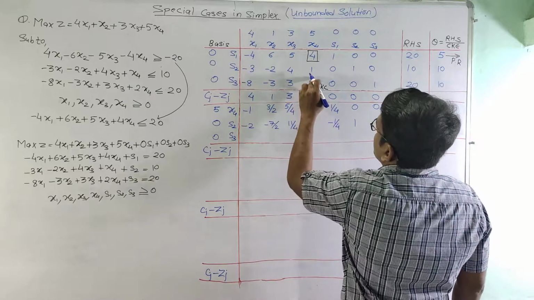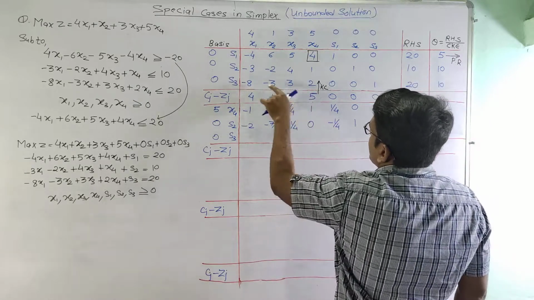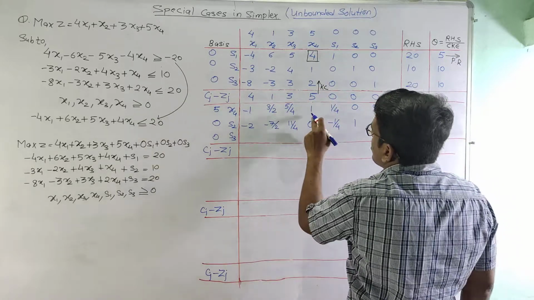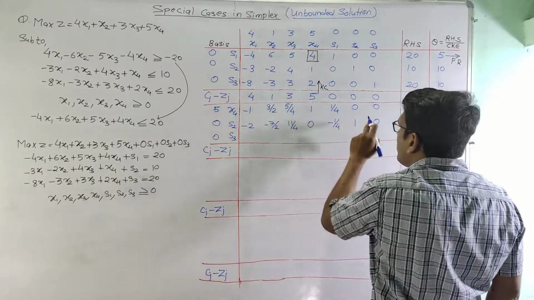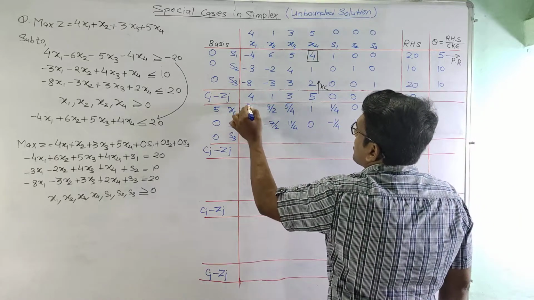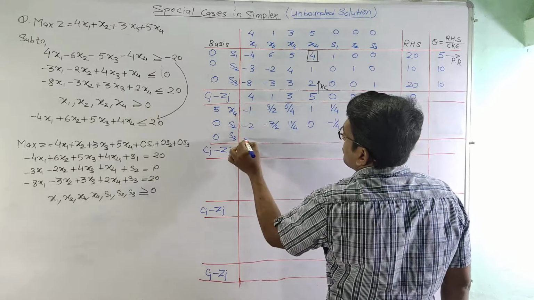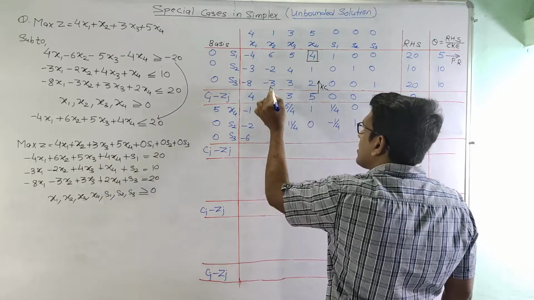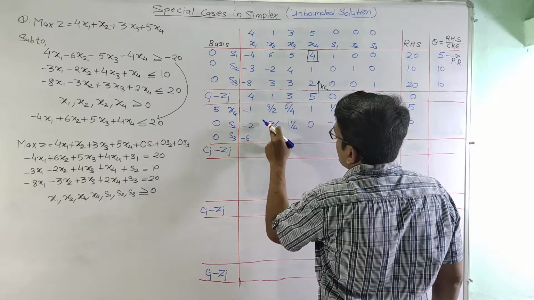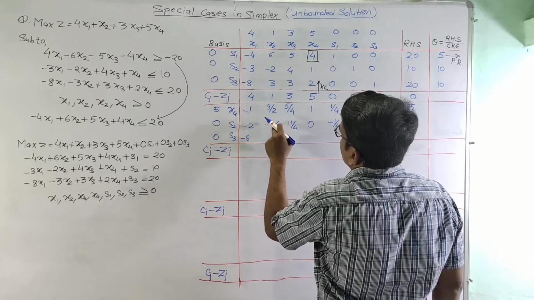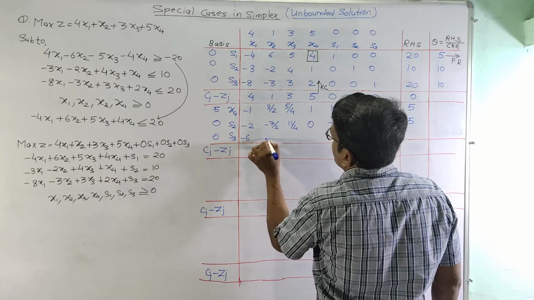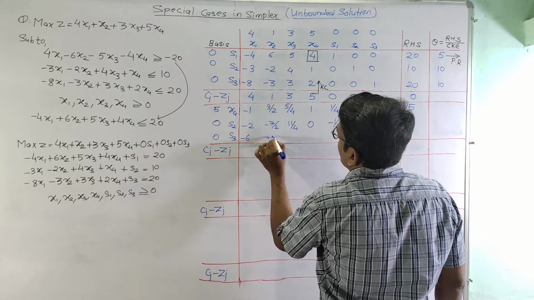And if I need to make this 0, I'll take row 3 minus 2 times the new row 1. So -8 minus of -2 is +2. This will be -6. Similarly here -3, this will be multiplied by 2, so it is -7. So -3 plus 7 is equal to +4.